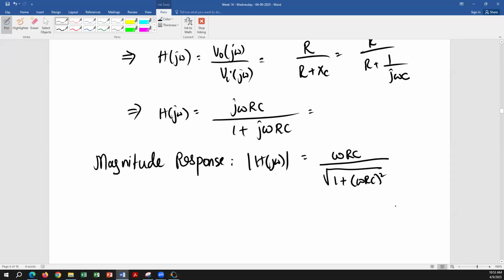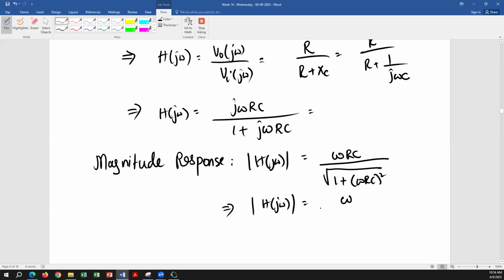And once again, to see the value of omega that will be the cutoff frequency, we can easily see that from this. Let's write this down here. We can divide the numerator and denominator both by RC.